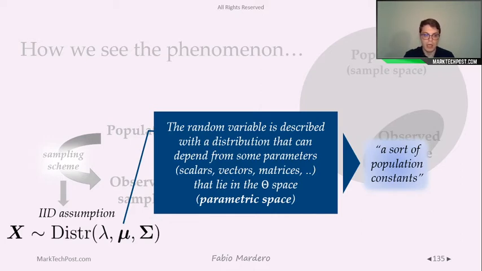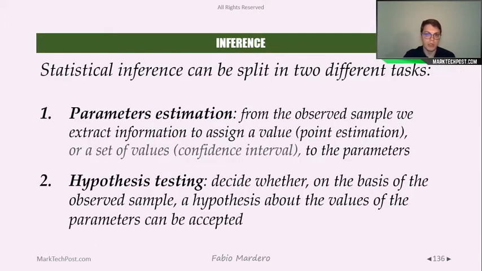Since the IID assumption, these parameters are a sort of population constants that describe the process from which the population, from which we get some samples from the population, comes.